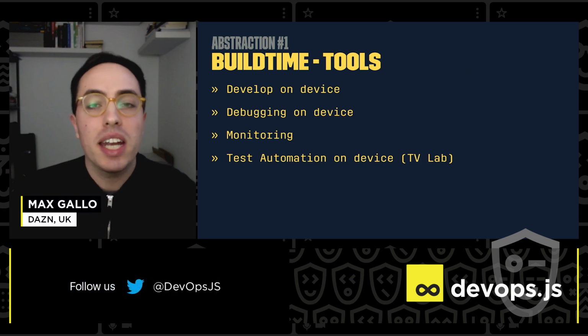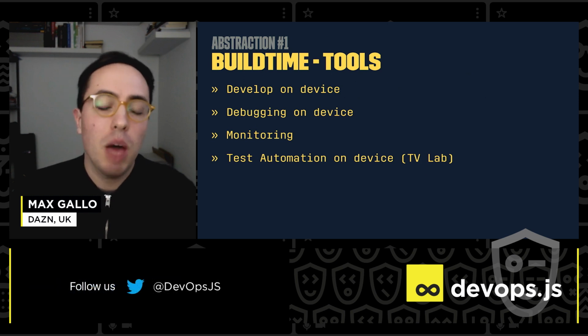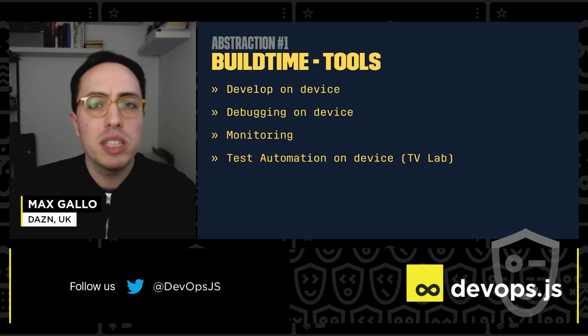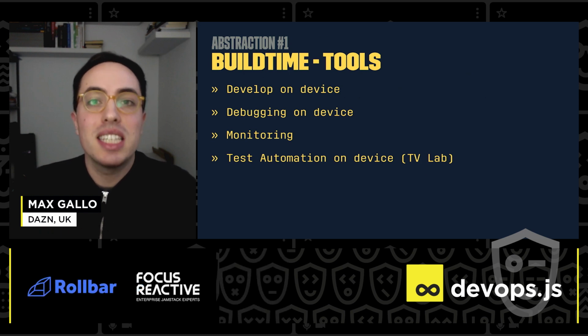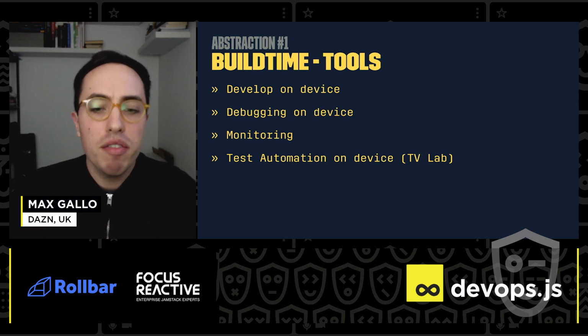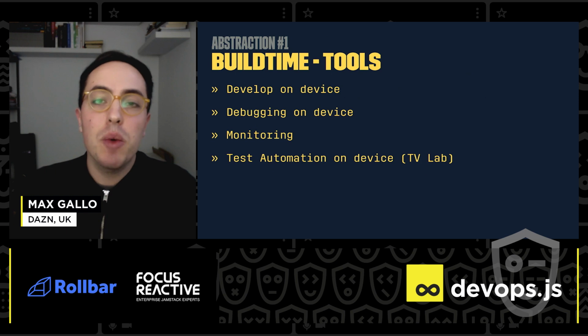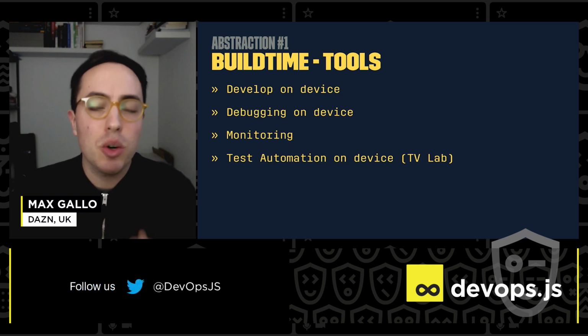And all of that is completely driven by automation and by code. So you write your test, and instead of running on a normal browser, they will run on the device itself, even if it's not there with you in your room or home office. They are in the TV lab, but they are running the tests for you. And that's crucial to make sure you have confidence in shipping to multiple devices.